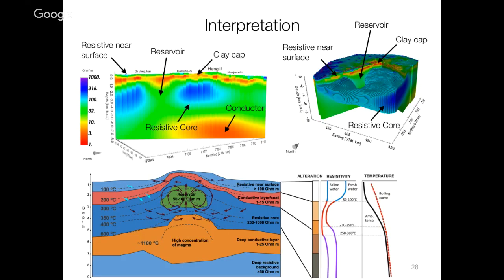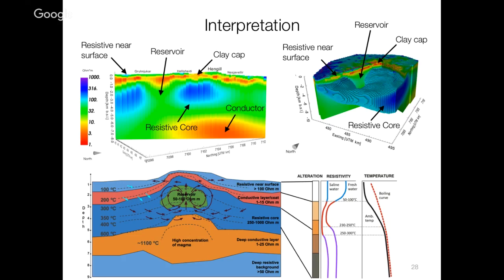So we can actually put all that together in the following manner. This high conductivity up here is the clay layer. That's the clay cap, that's that smectite clay. The big conductor down here, the big red, is the conductive part.